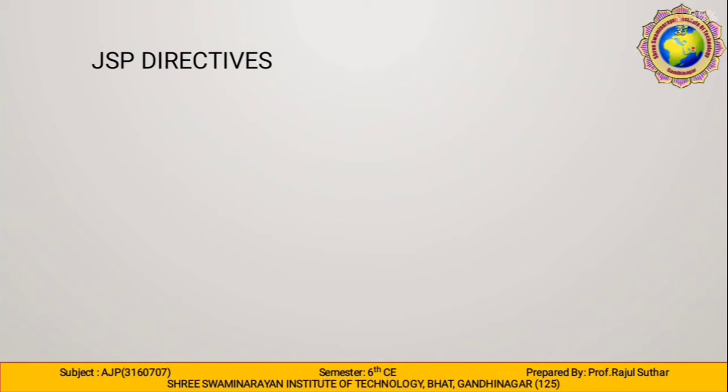Then JSP directives. What do we mean by a JSP directive? A JSP directive tag provides directions that are used by the JSP translator during the translation stage of the JSP life cycle.